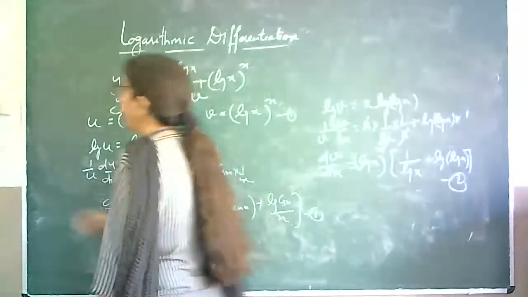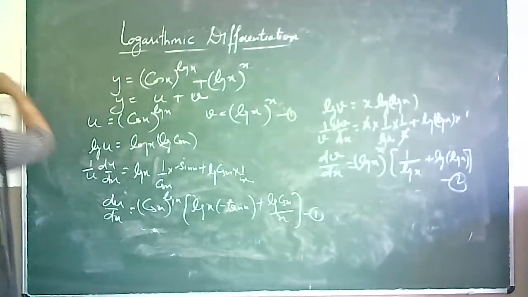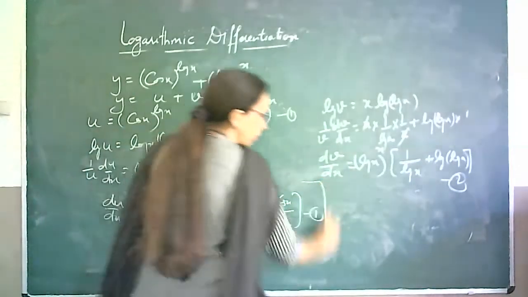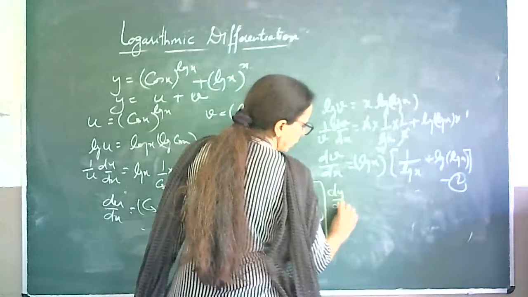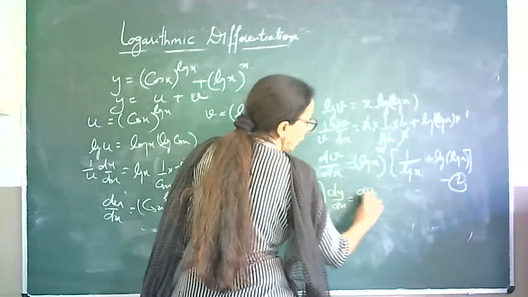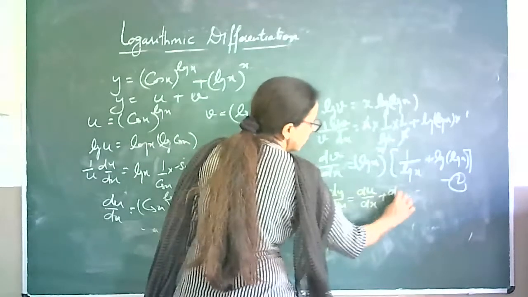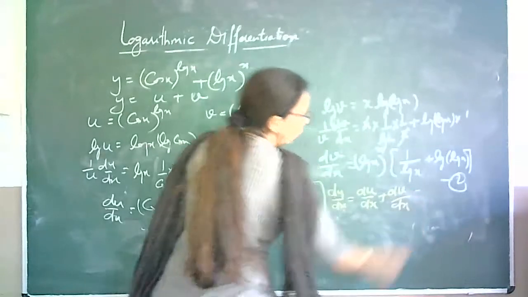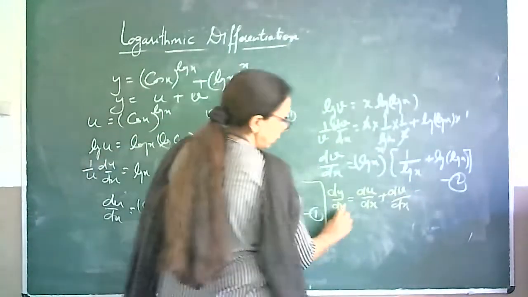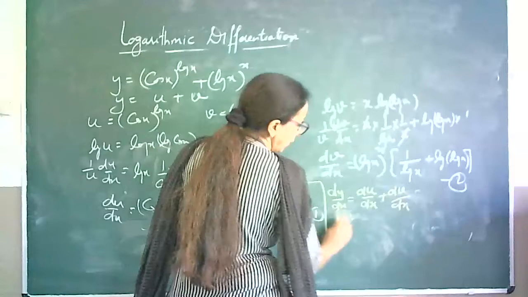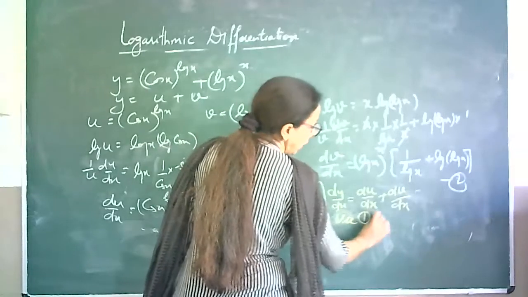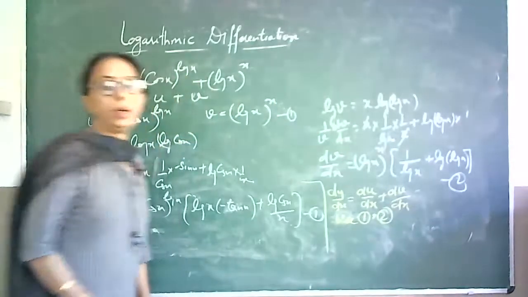We'll have to find dy by dx. So dy by dx will be du by dx plus dv by dx. So use 1 and 2 to find out the result.